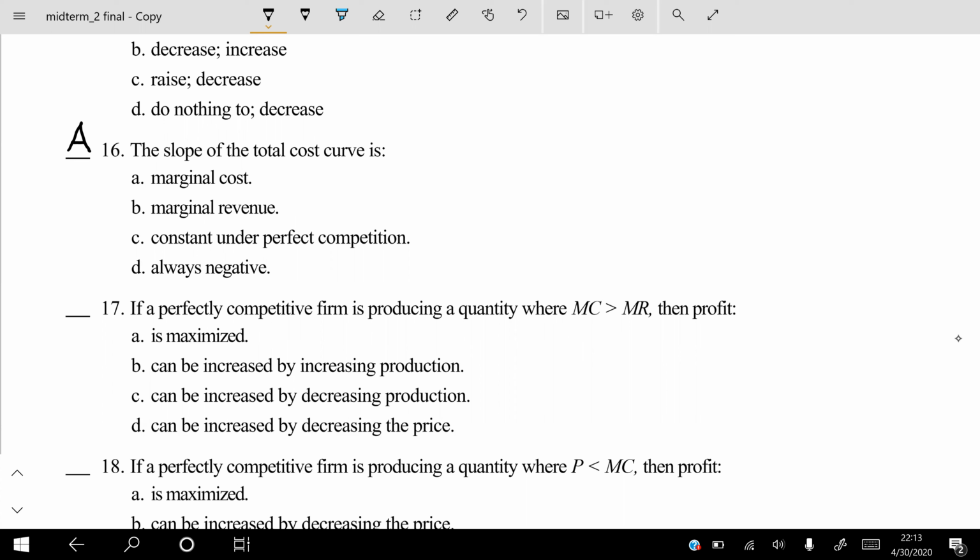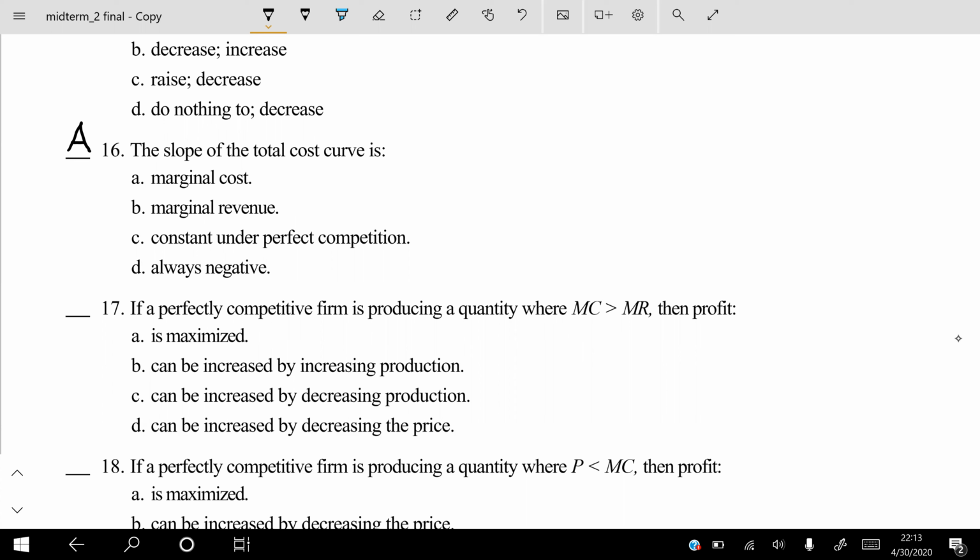Perfectly competitive firm. Say it with me, price taker. And so D is wrong. A cannot be because that's when MC is equal to MR. Remember our how-much decision making.